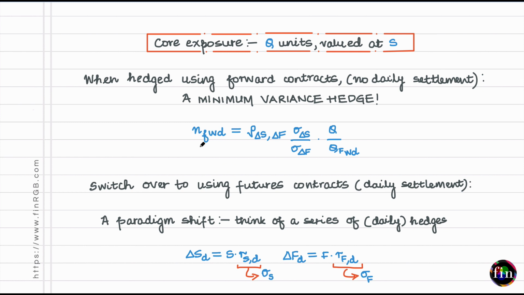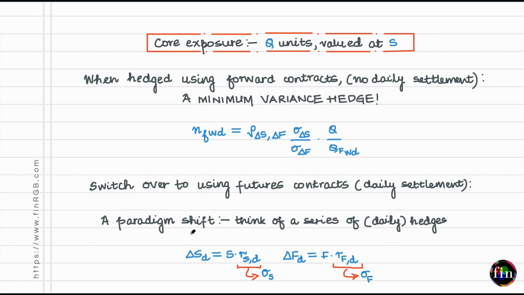But I'm labeling this number as forward because in determining this number, I am ignoring the impact of daily settlement. Now, if you were to incorporate daily settlement, you will have to do some kind of a paradigm shift. Instead of working with changes delta S and delta F that happen over the entire life of the hedge, let's work with changes that happen over the time span of a single day.